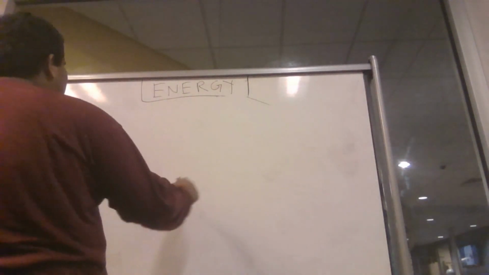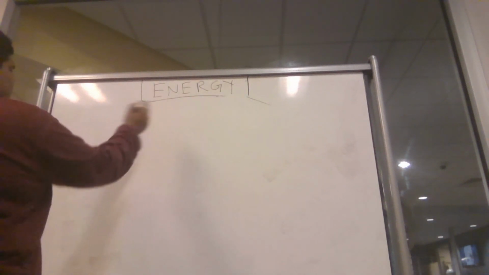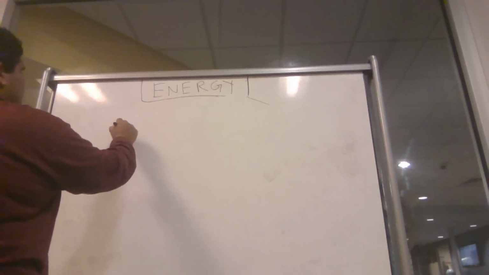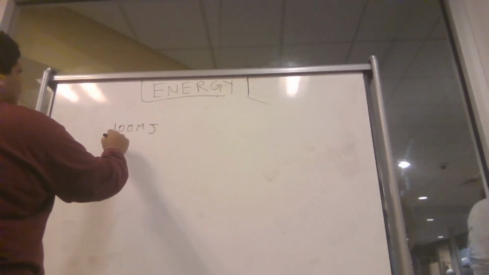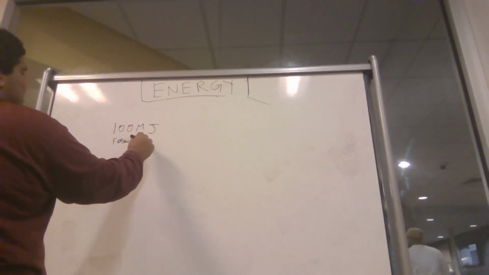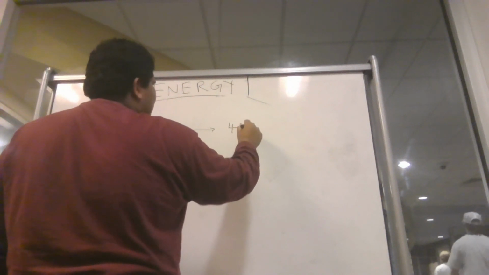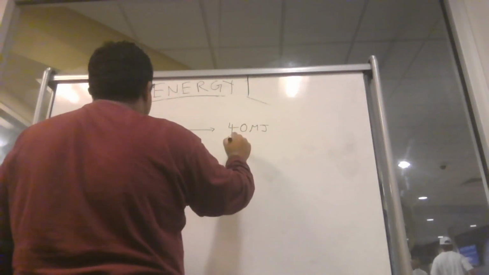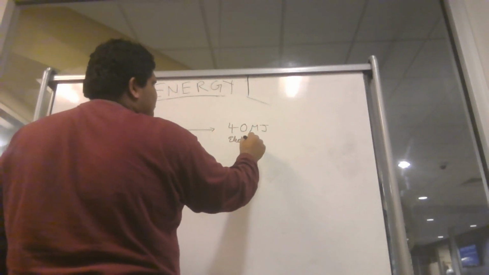Okay, let's take a fossil fuel plant. We input 100 megajoules of fossil fuel, and in the end, we only get 40 megajoules of electrical power.